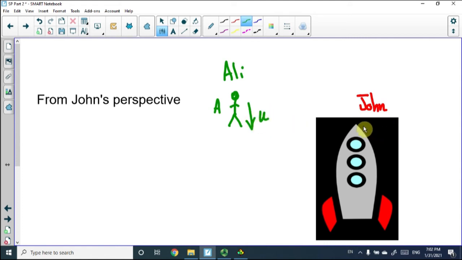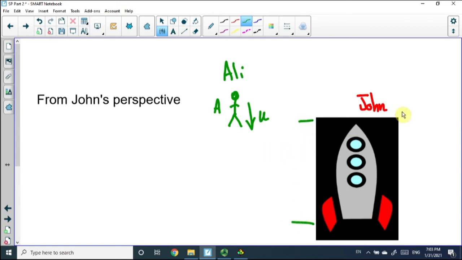Now for John, let's say the event will start when the tip of the spaceship touches Ali's foot. So that's the beginning of the event. Now for John, he sees Ali going down. The event will end when Ali's foot touches the bottom side of the spaceship.